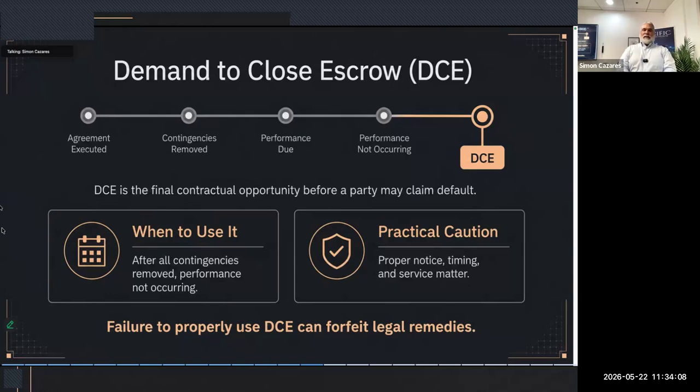If on the day of escrow we're still not closing, then either party can send the demand to close. Use it after all contingencies are removed and performance is not occurring. Practical cautions: obviously proper notice, timing, and service matter. Failure to provide the DCE can ultimately forfeit legal remedies.